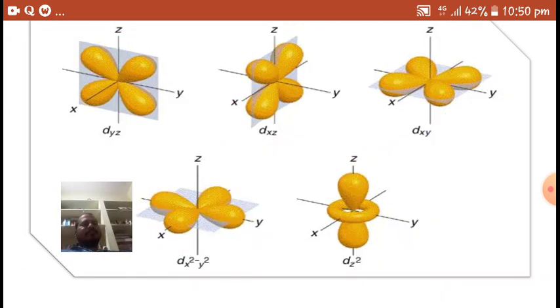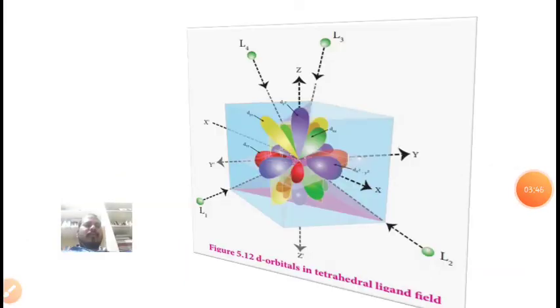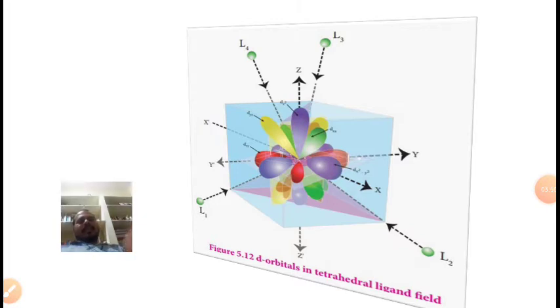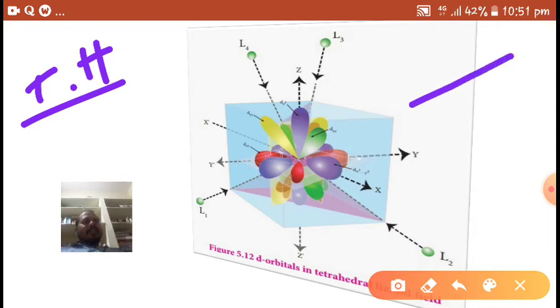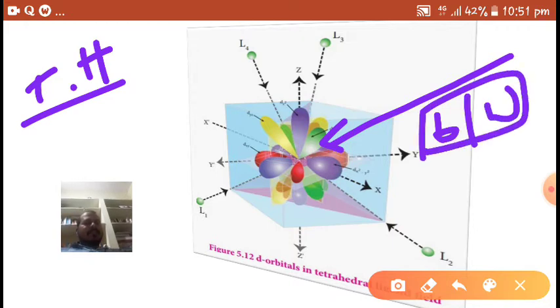Next, here in tetrahedral complexes, ligands approach the metal ion between the axes.